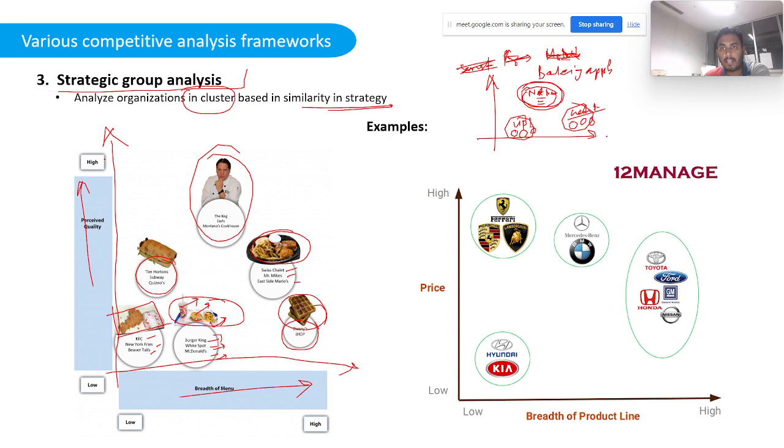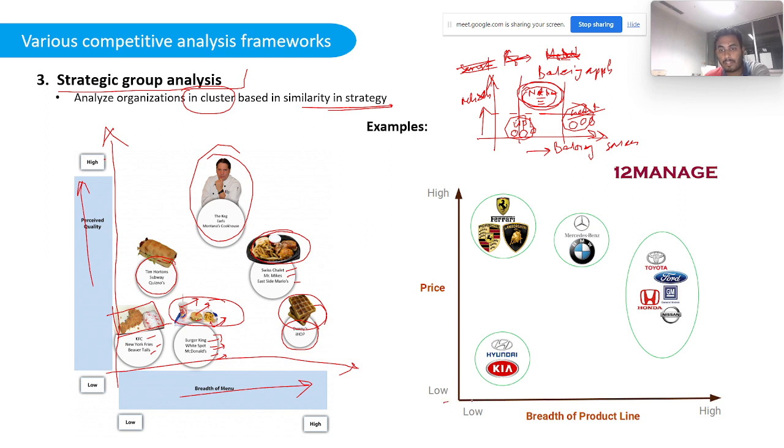Now you want to see, in terms of these banking services, which are more reliable. So like that you can map where you want to position, who provides more services and whose services are more reliable. So like that we are comparing here the breadth of the menu versus product quality.